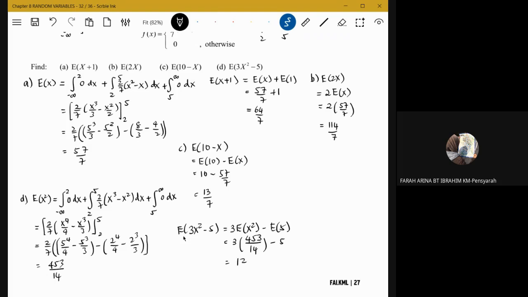So it's going to be 1289 over 14. Okay, so we done for the example 8.